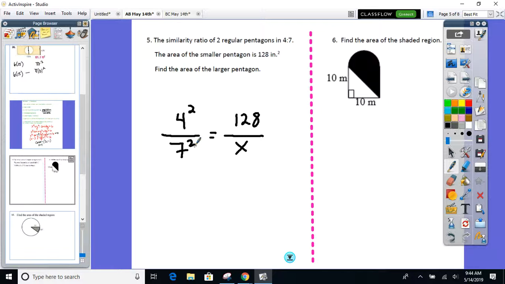Yep. Okay. And then you guys can go get after it now. So 16 over 49 equals 128 over x.